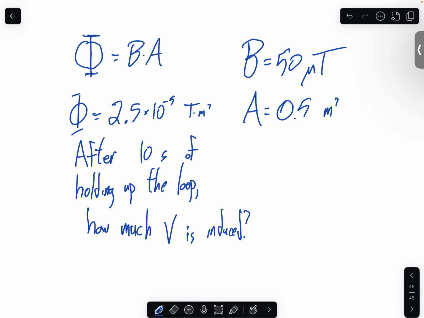I'm going to hold up a loop of wire perpendicular to Earth's magnetic field. This is about a half square meter. And I'm going to ask you after 10 seconds how much voltage is present in this wire because of Earth's magnetic field. Do this individually. Don't talk to your neighbor yet.